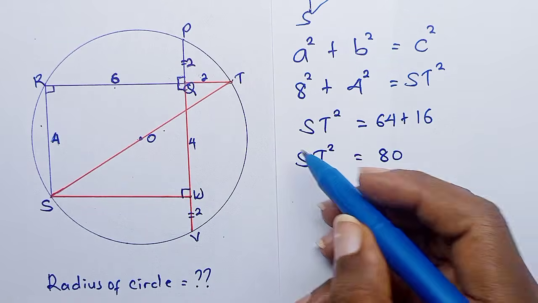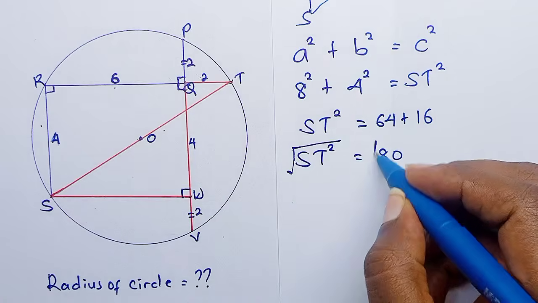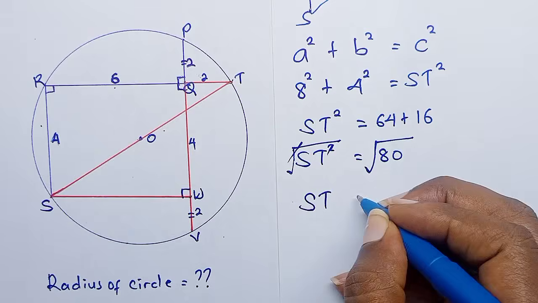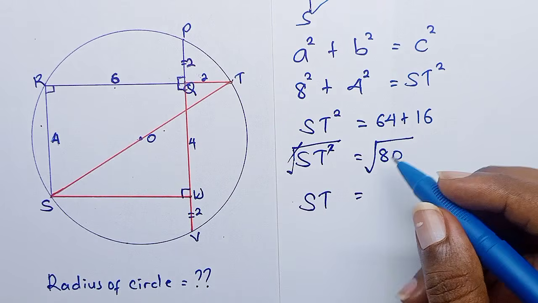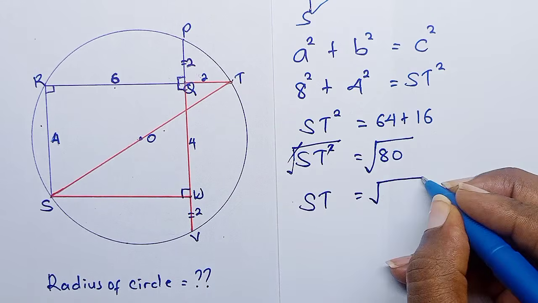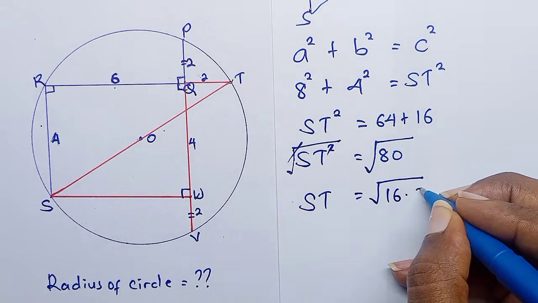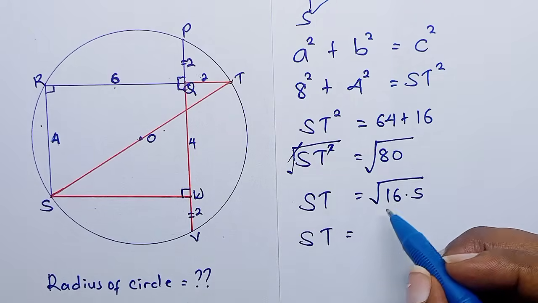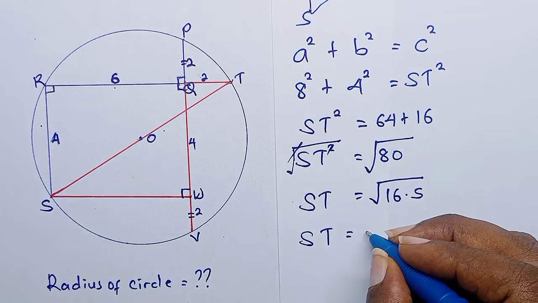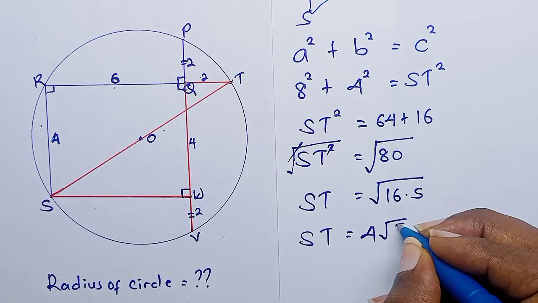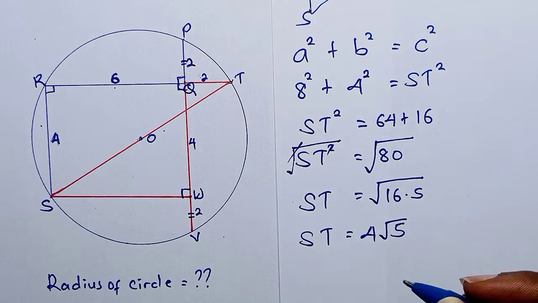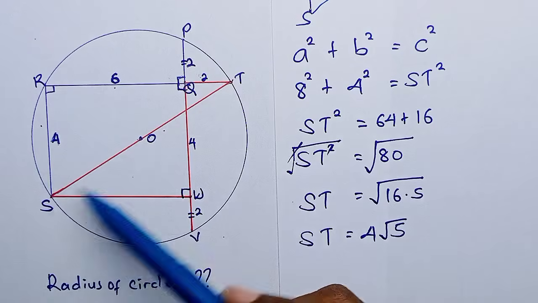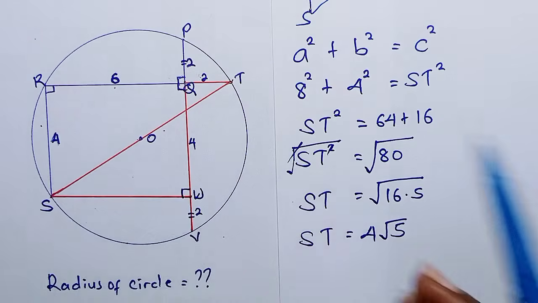To get rid of this square, we are going to find the square root on both sides. So this cancels. So we have ST is equal to root of 80. But 80 can be written as 16 times 5. So ST is equal to square root of 16, which is 4, so we have 4 root 5 as our answer for ST. As you know, ST is the diameter of this circle.